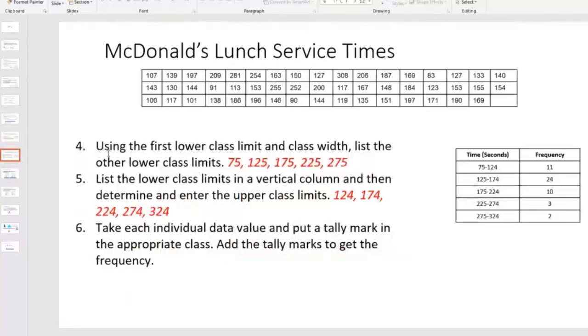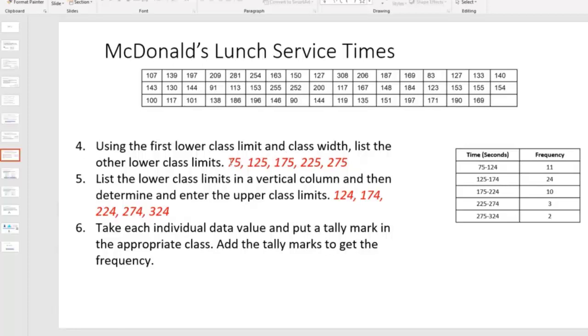Now, as you're finishing up, you want to use the first lower class limit and the class width to get the other class limits. Since our class width was 50, and we've already decided to start at 75, notice here in red, they keep adding 50: 75 plus 50, 125 plus 50, 175.